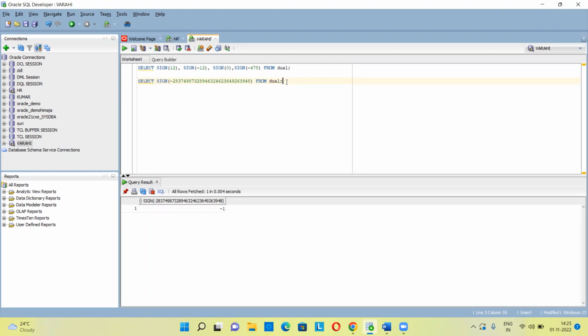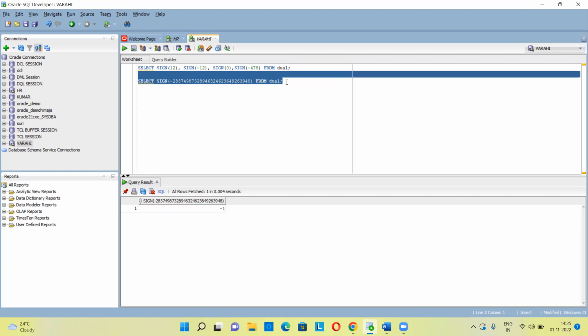If your input is positive, then plus 1 will come. If it is a negative input, you will get minus 1 as the output, and if it is a 0 input, you will get 0 as the output. So that's about sine.